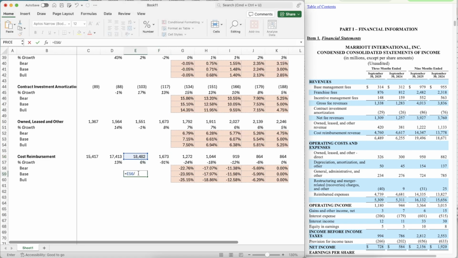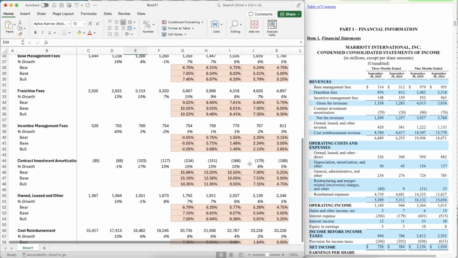Divided by 13,778, 14,347 multiplied 1.34385. Let's leave it at 3%.